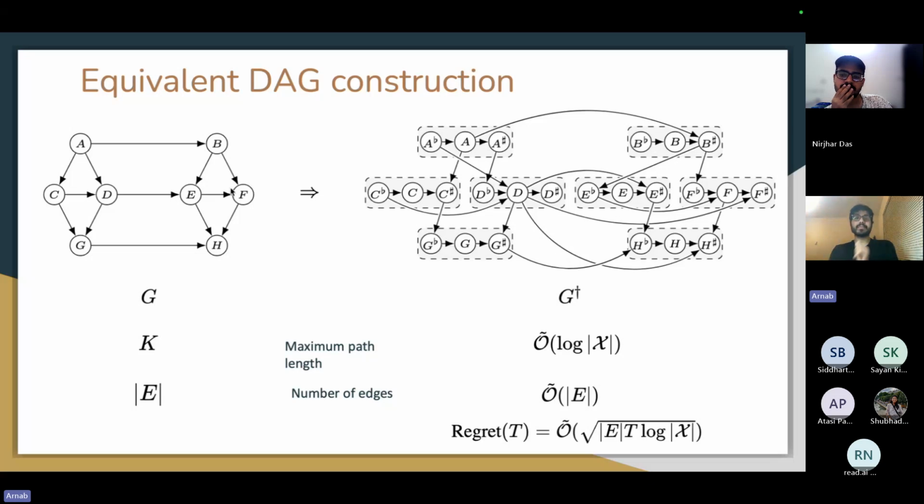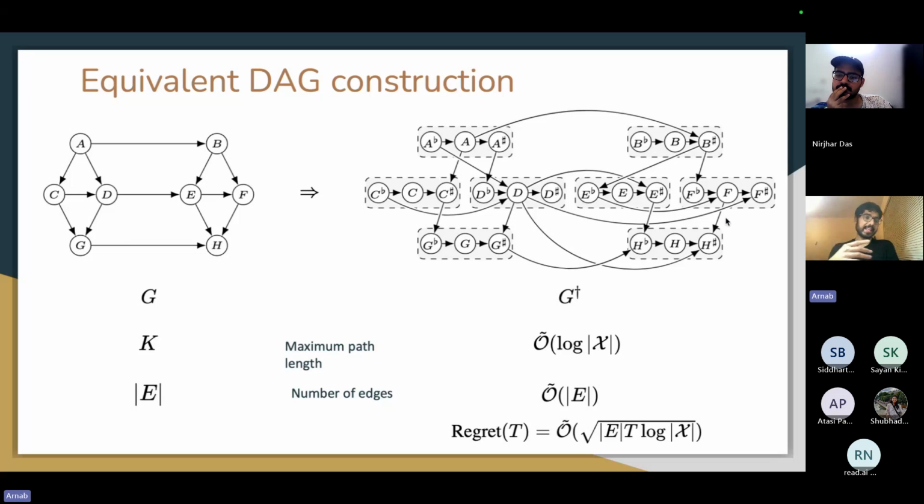When I say equivalent, what I mean is that the paths here from source to sink should have a one-to-one mapping to the paths here from source to sink. And given any weight assignment here, I can construct a weight assignment here such that the cost of any path here is equal to the cost of the path that it maps to here.